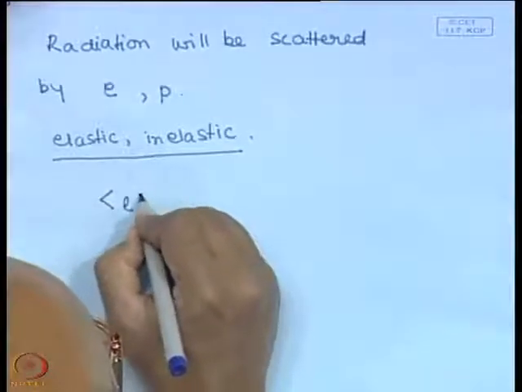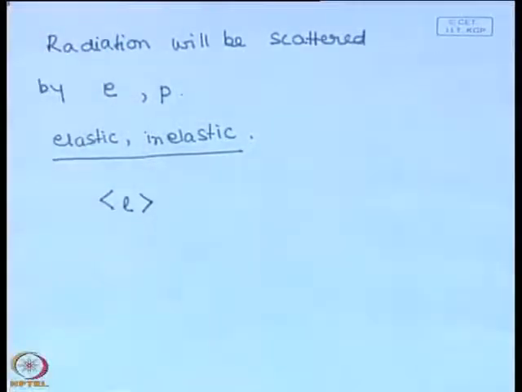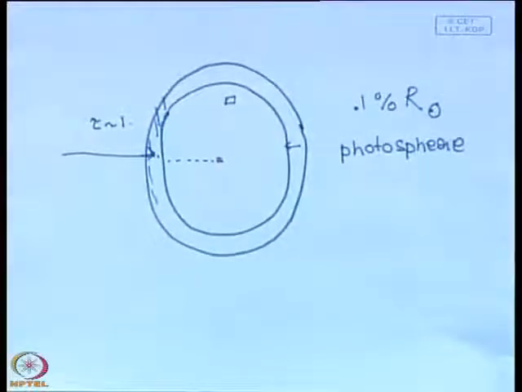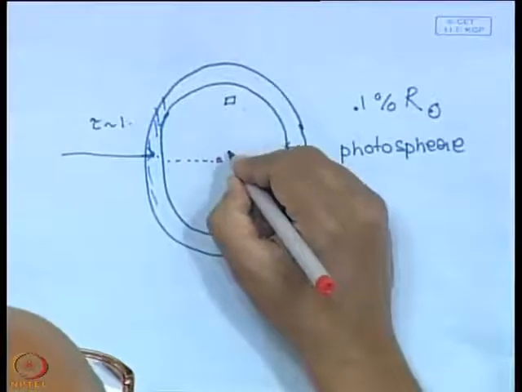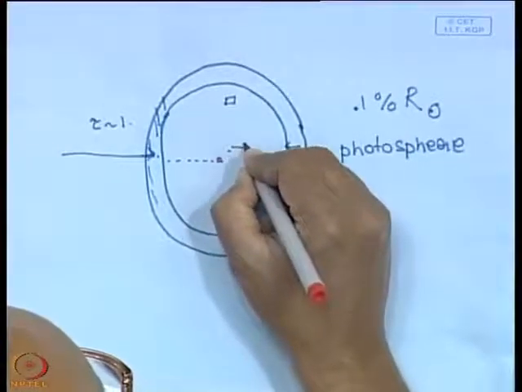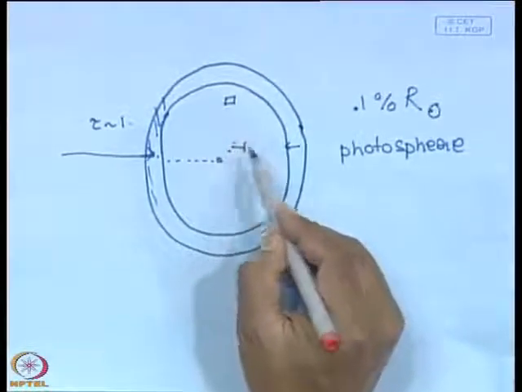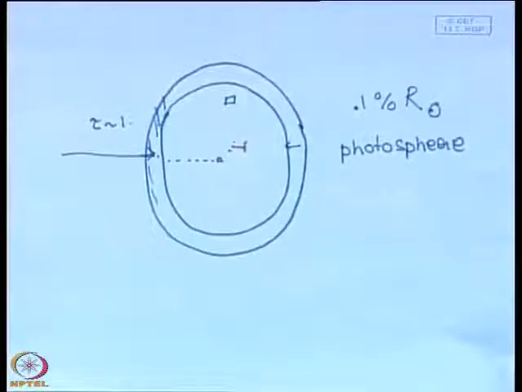So, the mean free path, which we can denote by L, that is the mean distance between which the photon propagates freely before it encounters a scattering, before it interacts with the matter, right, is decided by where the optical depth becomes unity inside. Okay. So, what we have to do is consider a photon which starts off from somewhere and see where the optical depth becomes unity. When the optical depth becomes unity means it has interacted once, high probability it has interacted once.